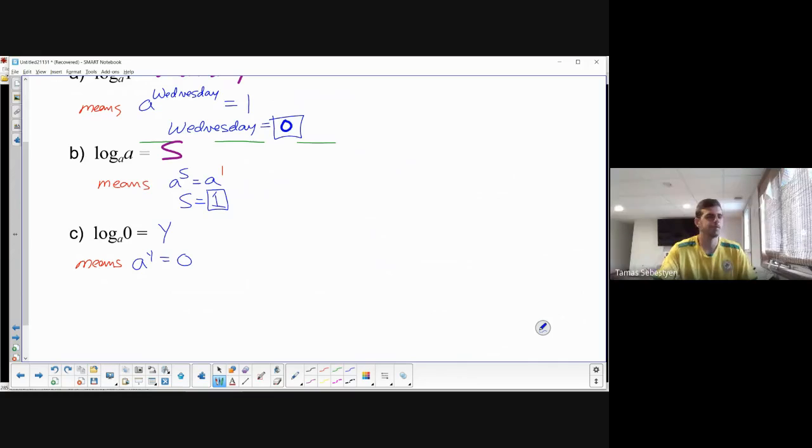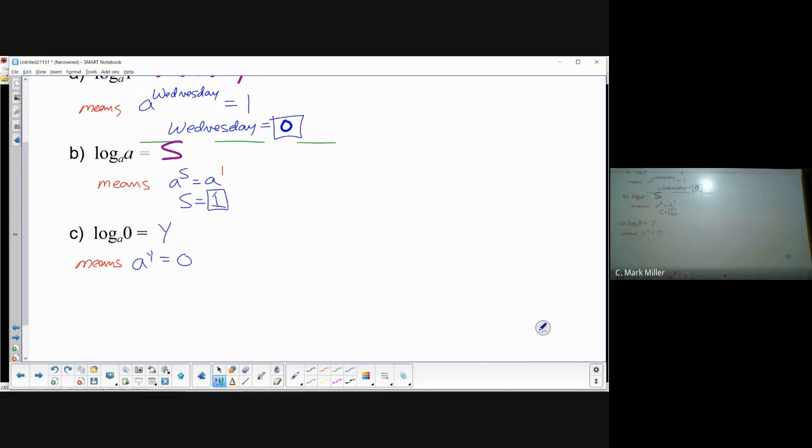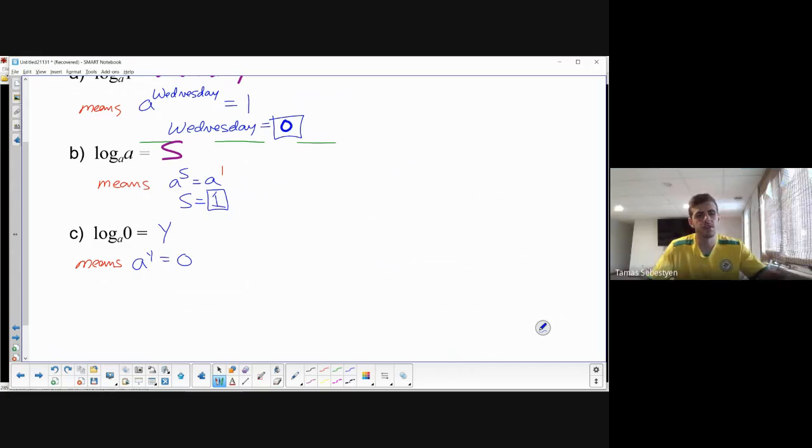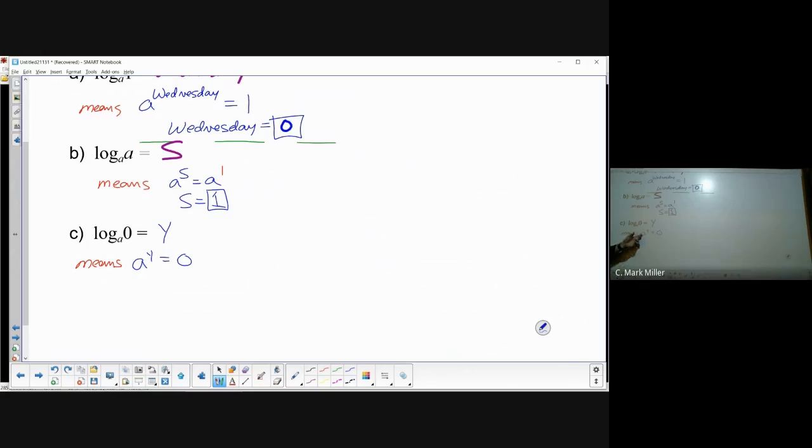No solution. Why do you say that, Thomas? Because the base has to be positive. Yeah, a's got to be positive. I can't raise a positive number to any power and get 0. So this Y, we would say, is undefined.